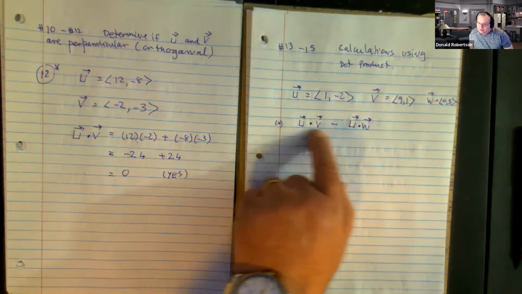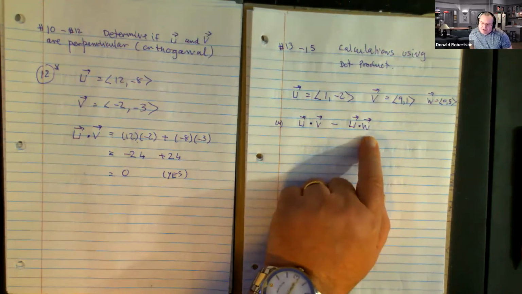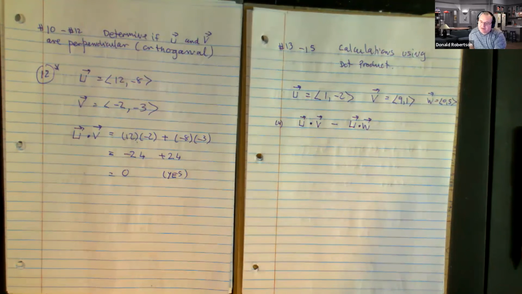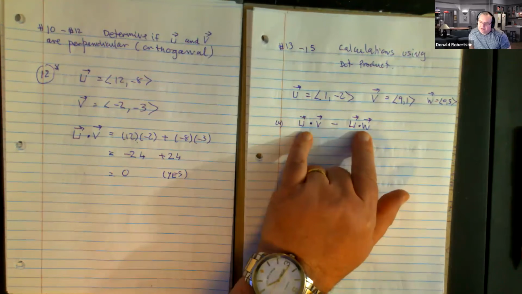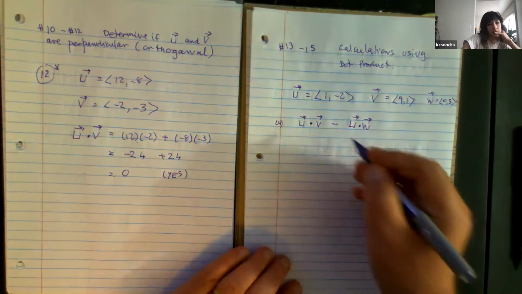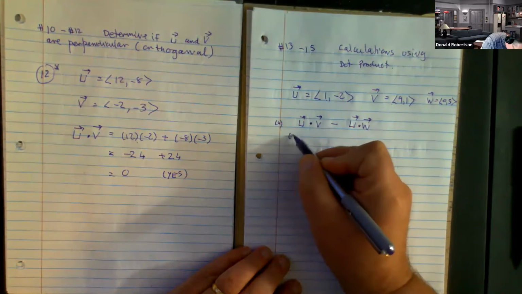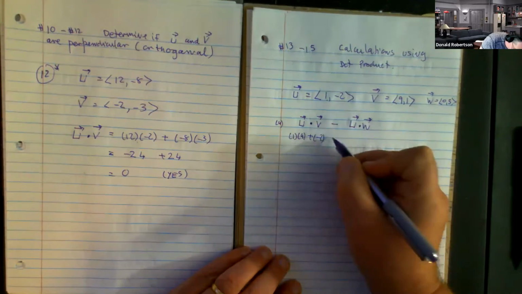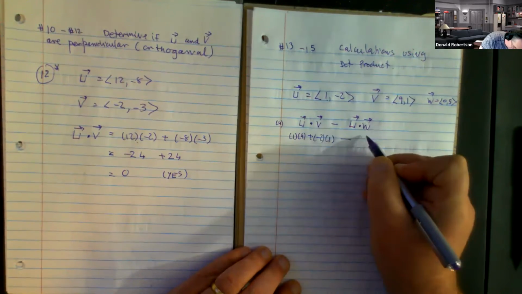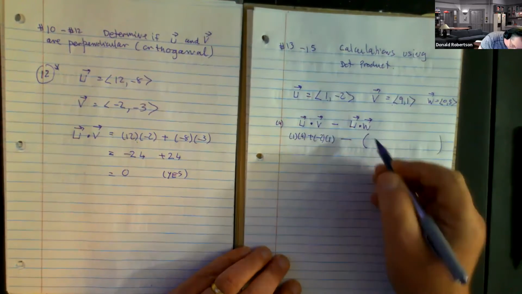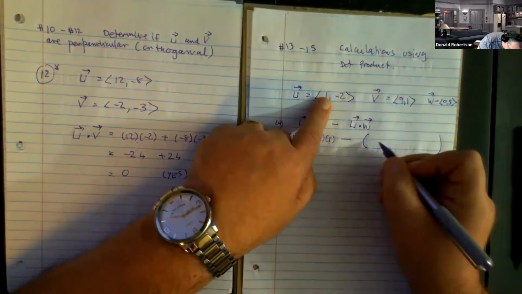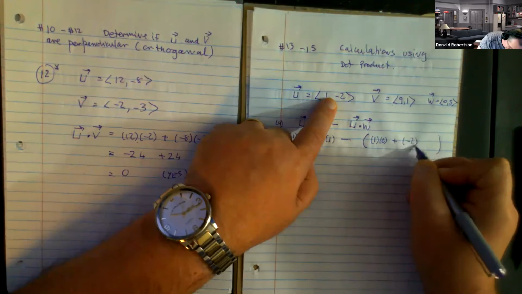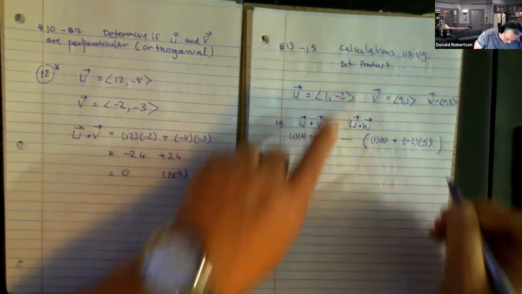If I did this calculation, would the final answer be a number or would the final answer be a vector? Number. So let's see what we get. 1 times 9, add -2 times 1. Take away, I'll put a big bracket around there to be safe, 1 times 0 plus -2 times 5.